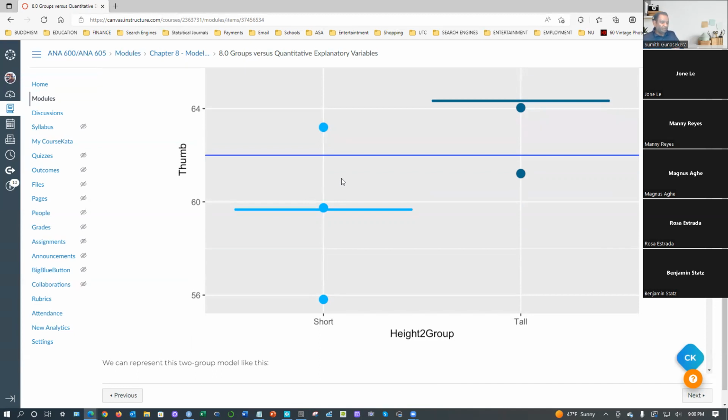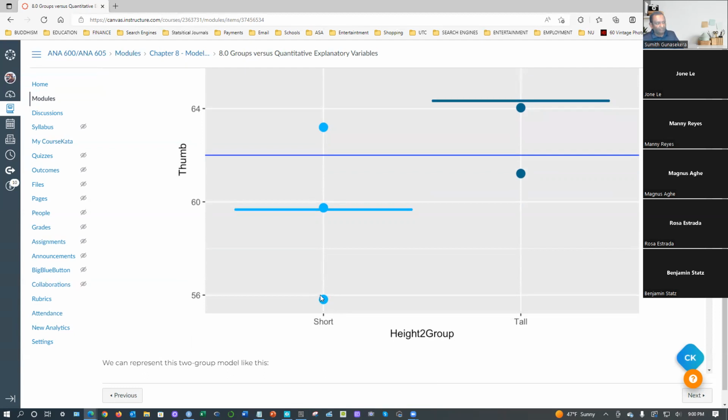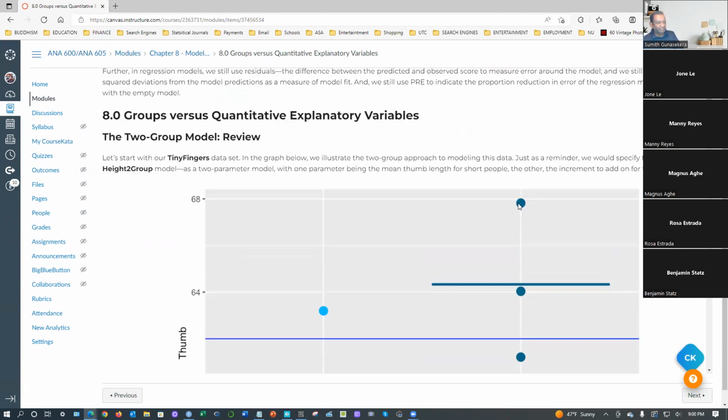Last time we divided this data based on gender. Now this time we divided it based on height, but it's a categorical model. So this one is 56, this point 60, this one 59, this one 63, 64, 68, right there.